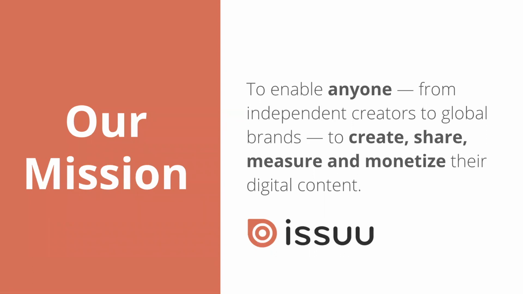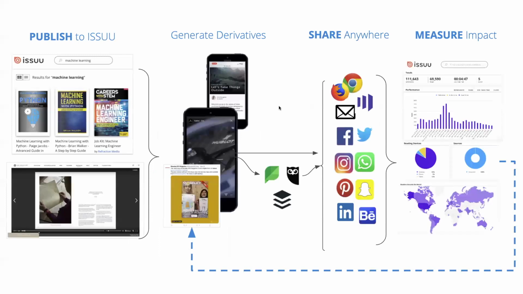A little bit about Issuu. Our mission is to enable anyone from independent creators to global brands to create, share, measure, and monetize their digital content. I know this looks very complicated, but I promise it's not. This is really the publishing process on Issuu.